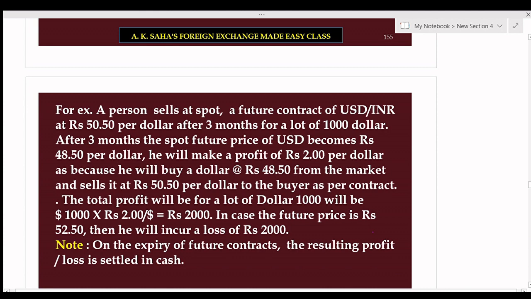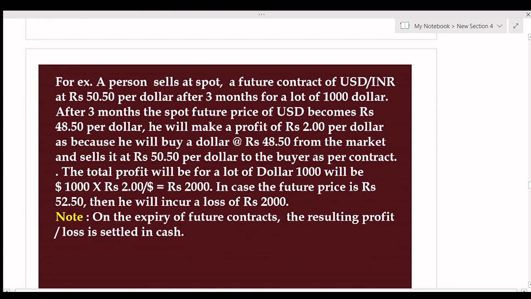For example, a person sells a futures contract of USD-INR at rupees 50.50 per dollar after 3 months for a lot of $1,000. After 3 months, the spot future price of USD becomes rupees 48.50 per dollar.